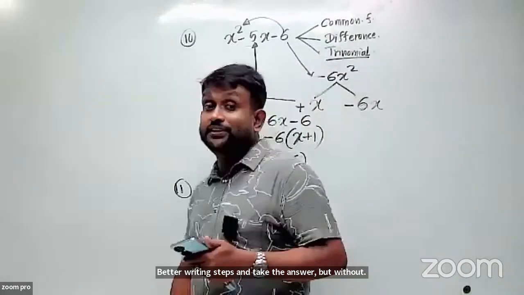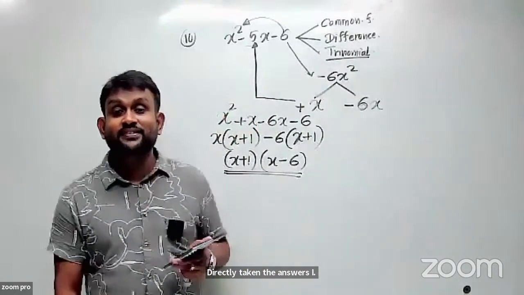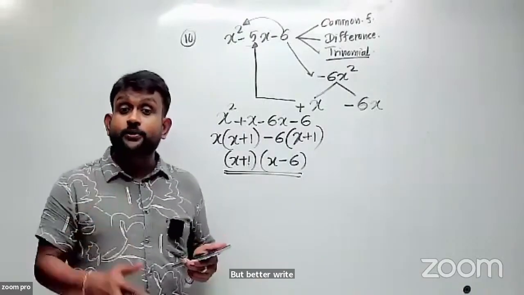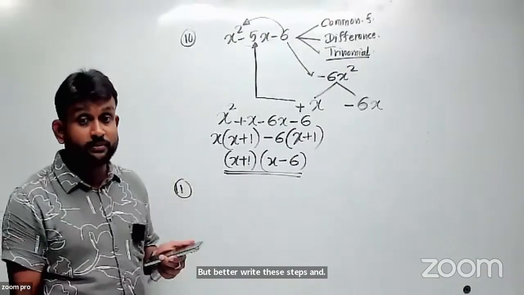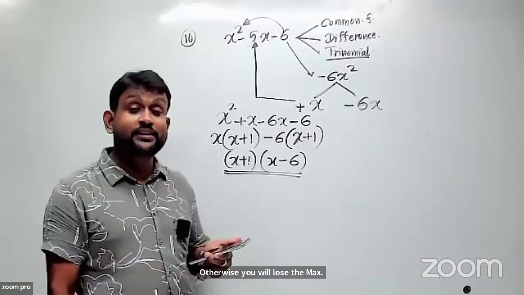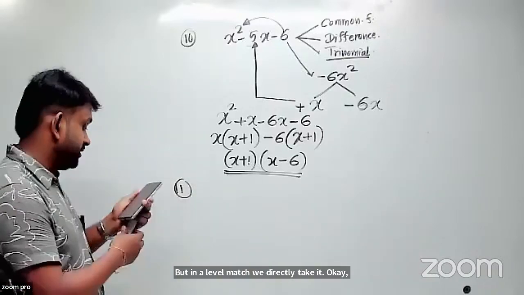I taught you how to do it directly in the theory class, but better write these steps, otherwise you will lose the marks. But in A-level maths, we directly take it.